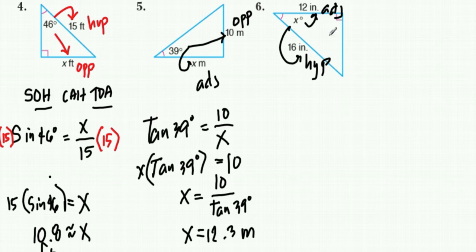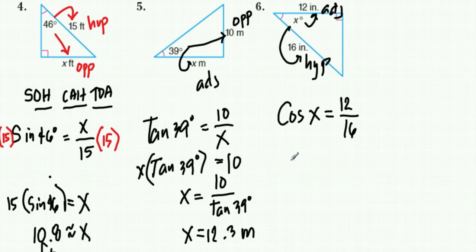If you look at our trigonometric ratios, which ratio will have adjacent and hypotenuse in it? It'll be cosine. So we use cosine x is equal to adjacent over hypotenuse, 12 over 16.